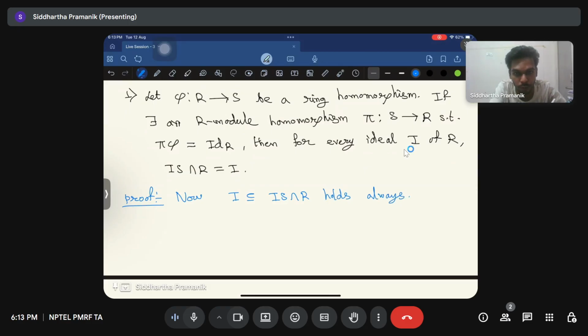So we need to prove the other containment. So to prove I contains IS intersection R, let's take an element. Let's say x belongs to IS intersection R.